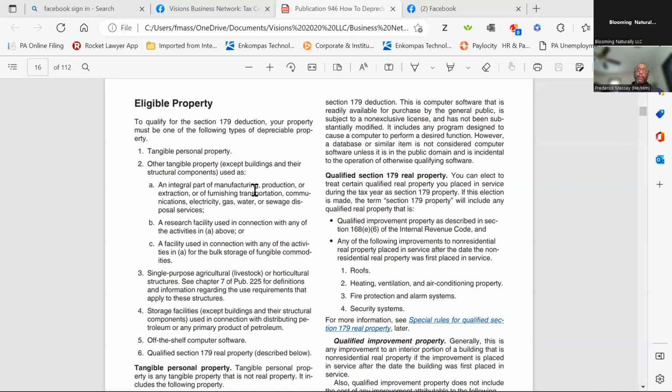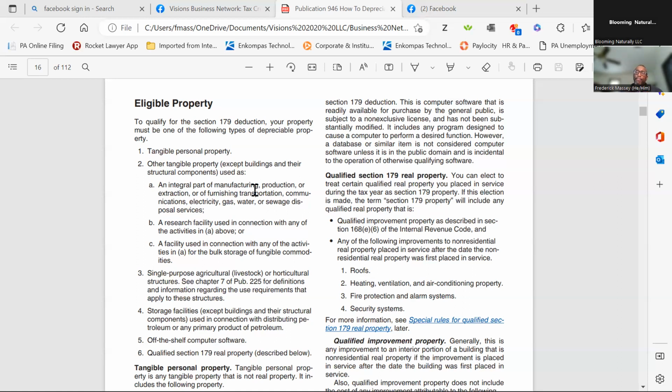Whereas on a straight line depreciation, it would be $5,000 a year, for that 4 years. But with the Section 179 deduction, what it allows us to do is say, okay, I'm going to take that $20,000 purchase, I'm going to deduct it in the first year that I purchased for tax purposes.